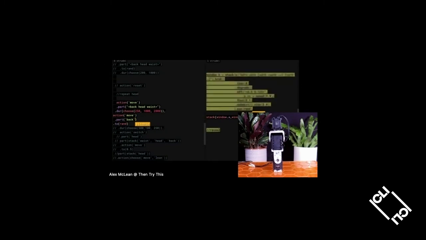Move three-eighths of your waist. Move your head over 1 second. Move three-eighths of your waist. Move your waist over 1 second.